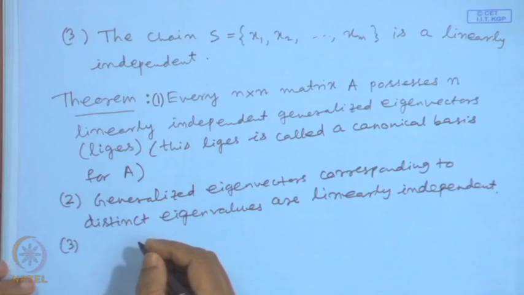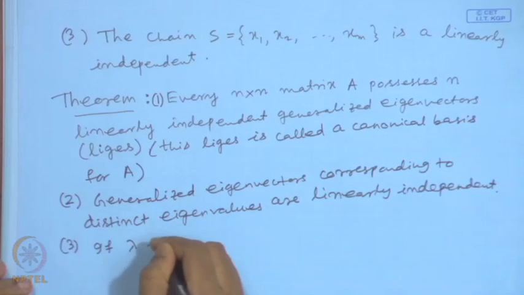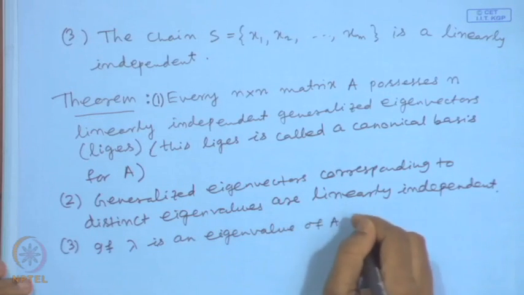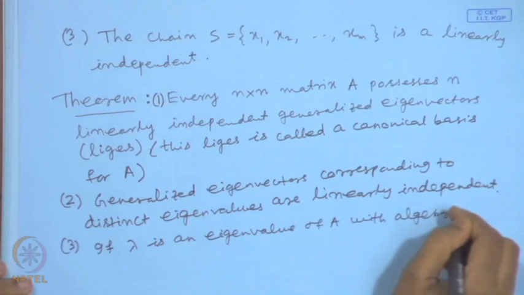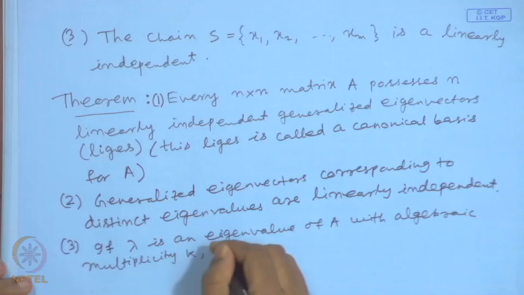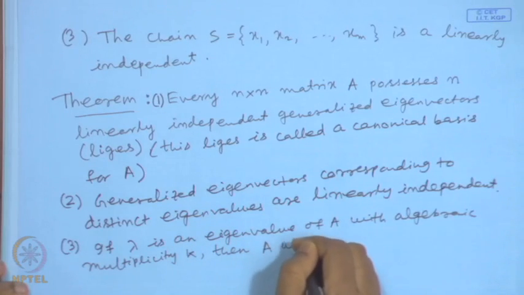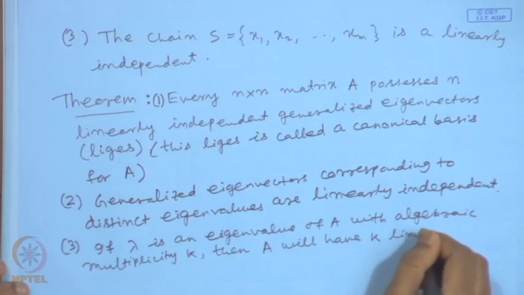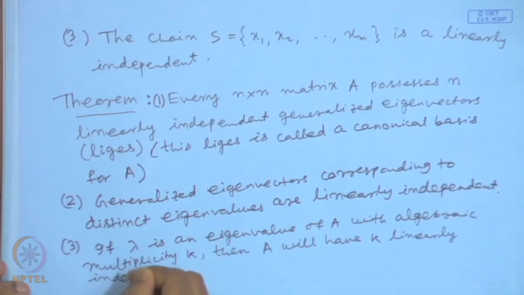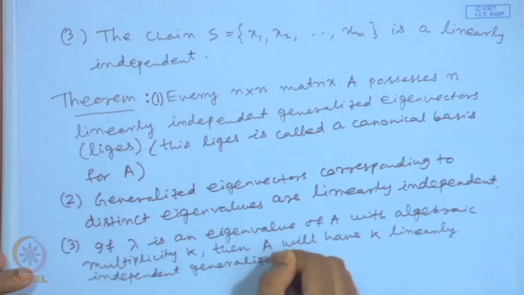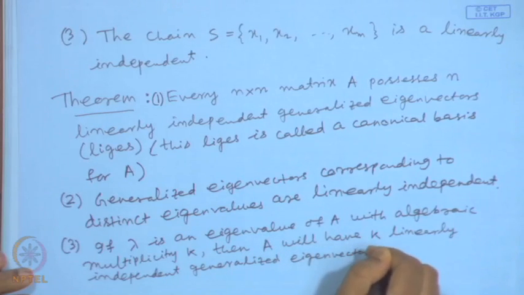Another important property is that if lambda is an eigenvalue of A with algebraic multiplicity k, then A will have k linearly independent generalized eigenvectors, LIGEs.